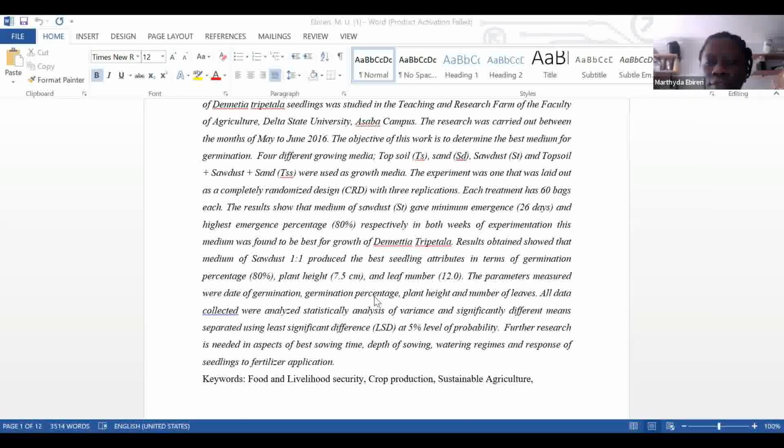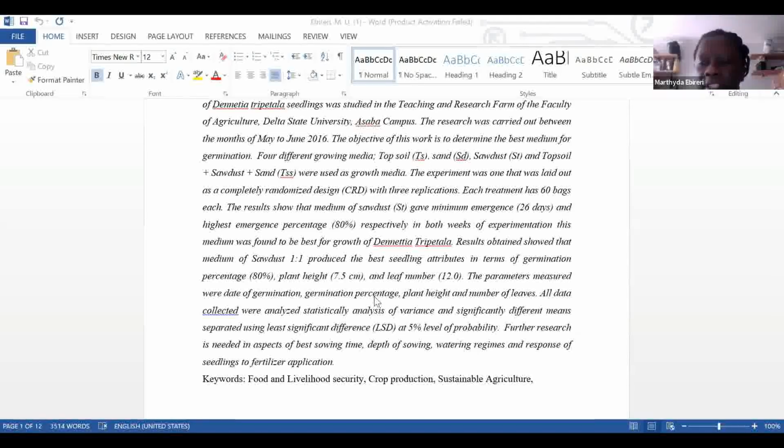So most times the fruit from pepper fruits is very expensive. Just buying a small quantity alone, the amount is very high. So any farmer that wants to go into the production of this pepper fruit, it's advisable from these studies that they use sawdust for the first few weeks of germination.